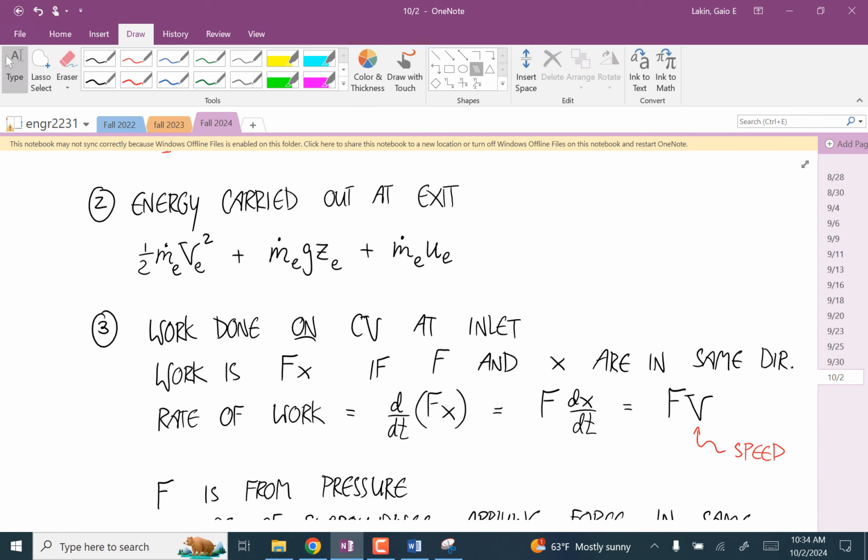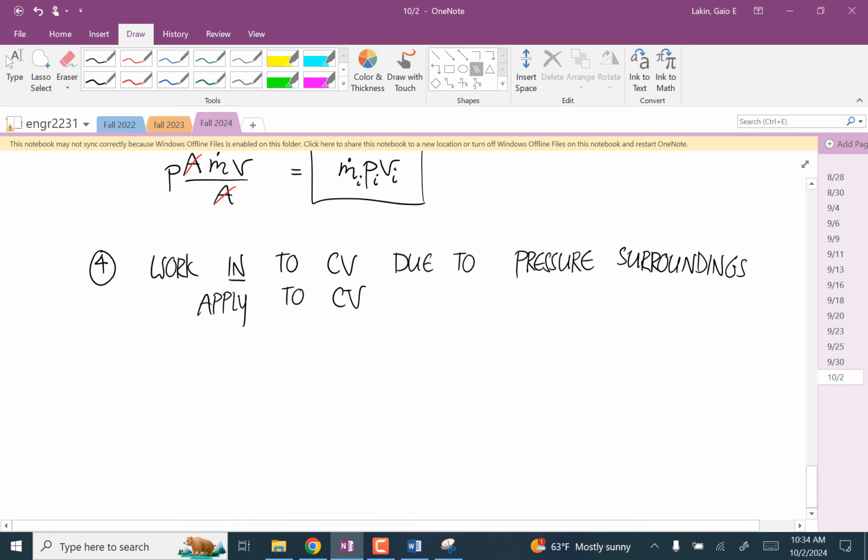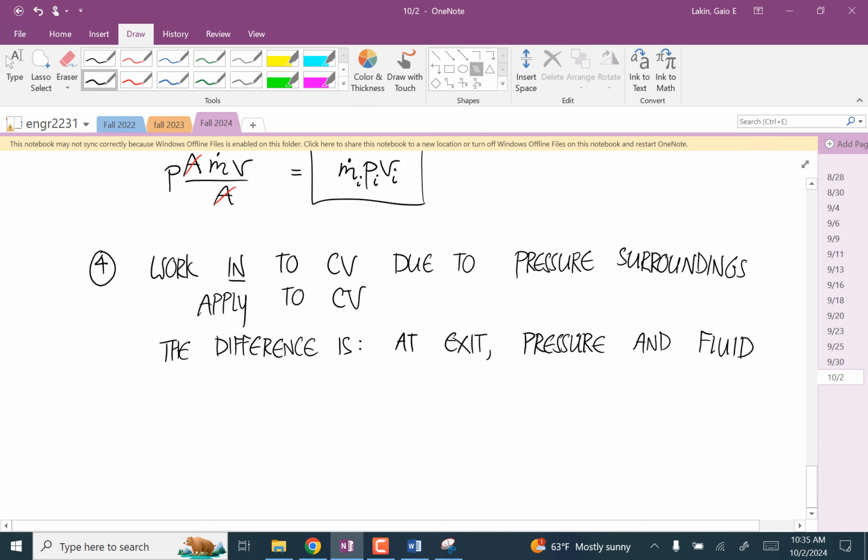Right. So let's see. Work done at C. Okay, so I was a little more wordy here, but this is the same as number 3. The difference is at the exit, the pressure and the fluid flow are in opposite directions.